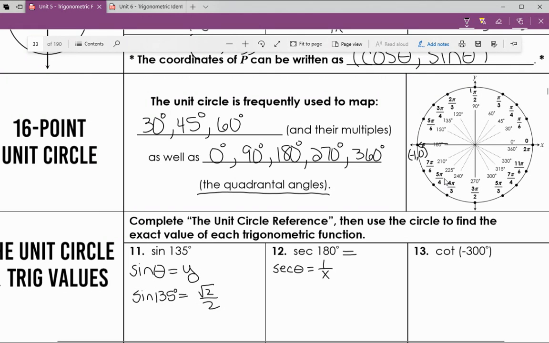Do y'all agree? Okay, so I'm going to write down the point, -1, 0. Since I have 1 over x, that would be 1 over -1 because that's your x value. So my outcome would be -1.